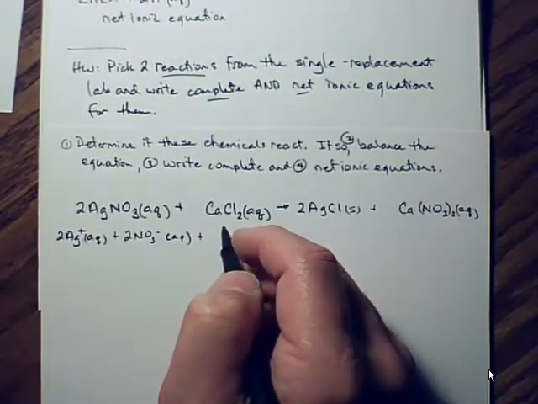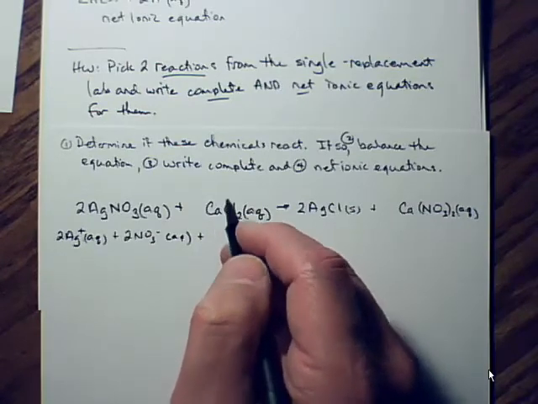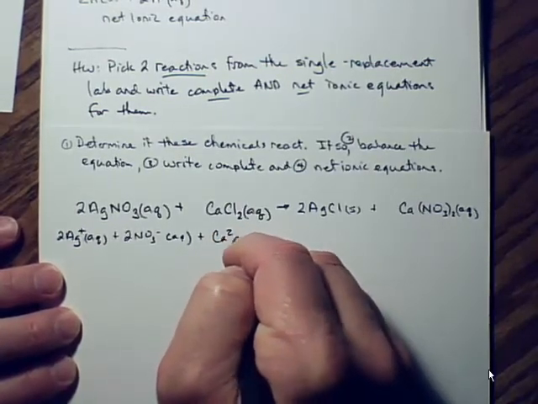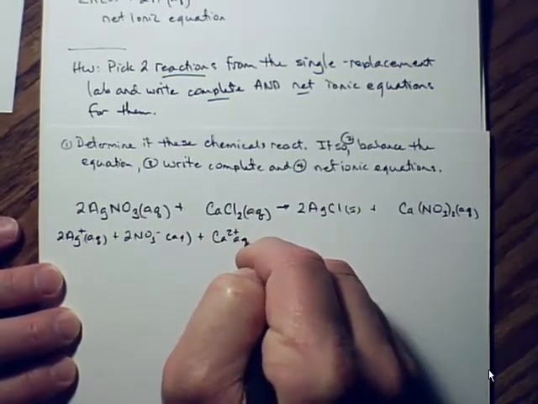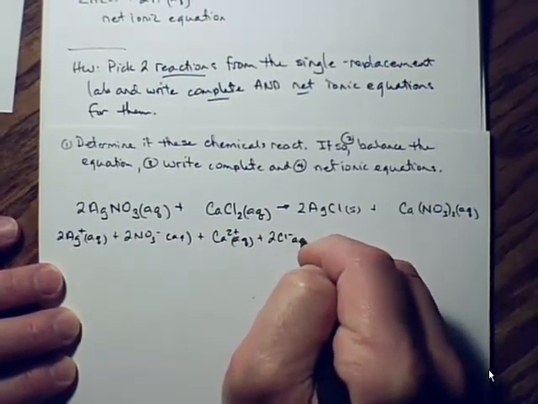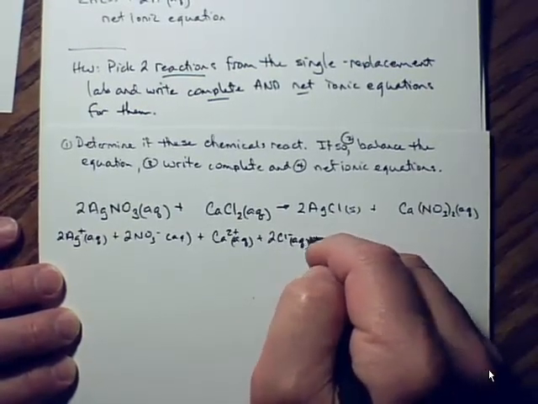I've got 1 calcium. Excuse me. Wow. I hate that when it happens. Alright, calcium 2+ aqueous. 2 chlorides. Over here, this is a solid, so we don't do anything with that.